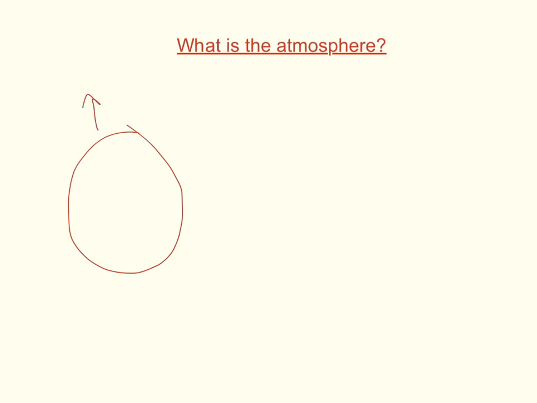This extends upwards to about 10 kilometres above the surface of the Earth. The troposphere is mainly a mixture of two elements, oxygen and also nitrogen. There are also smaller amounts of other substances, including argon and also carbon dioxide.